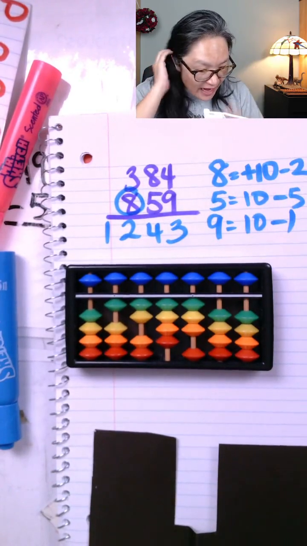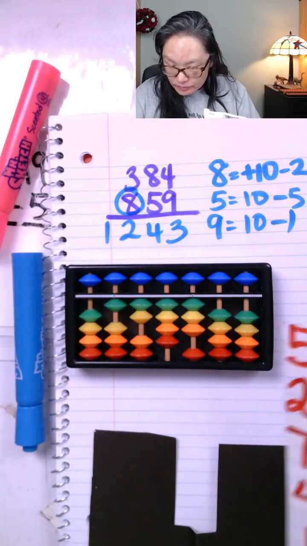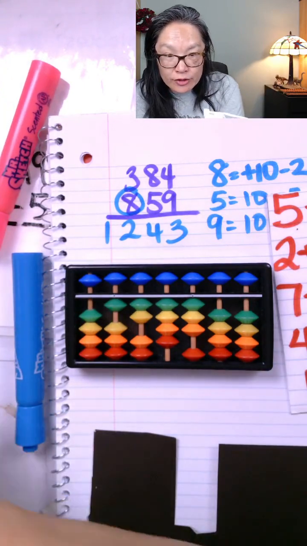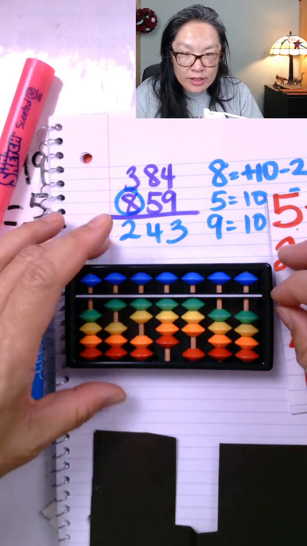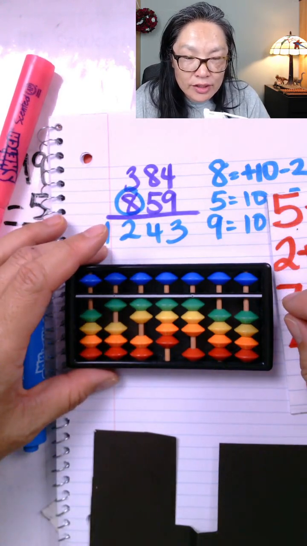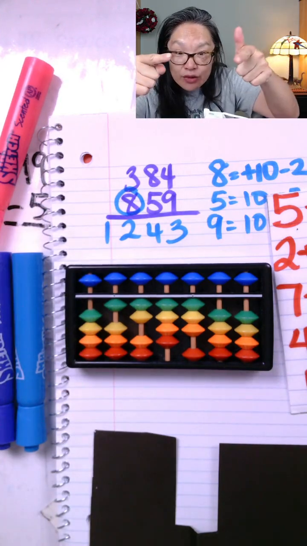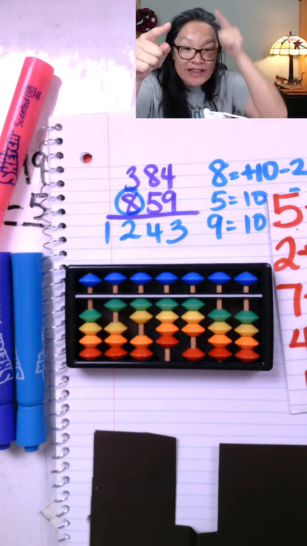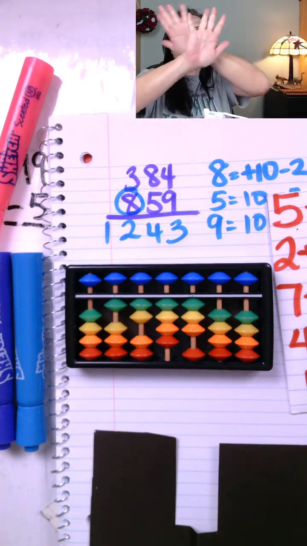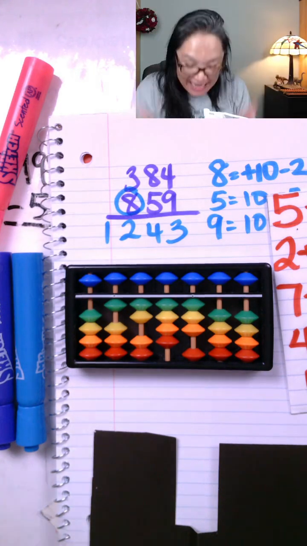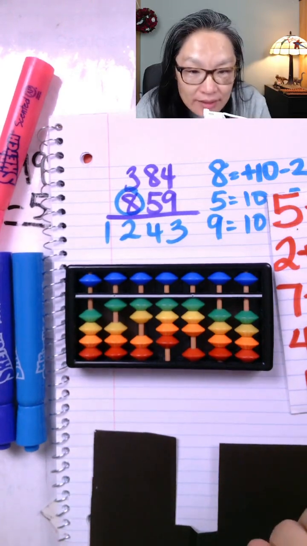Doesn't matter. Everything is possible. You just need to know it. Everything works off the 5 and the 10. It's amazing. Hands down.